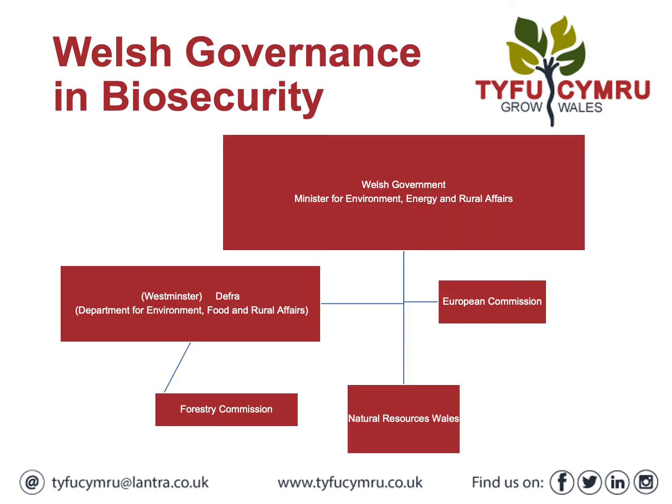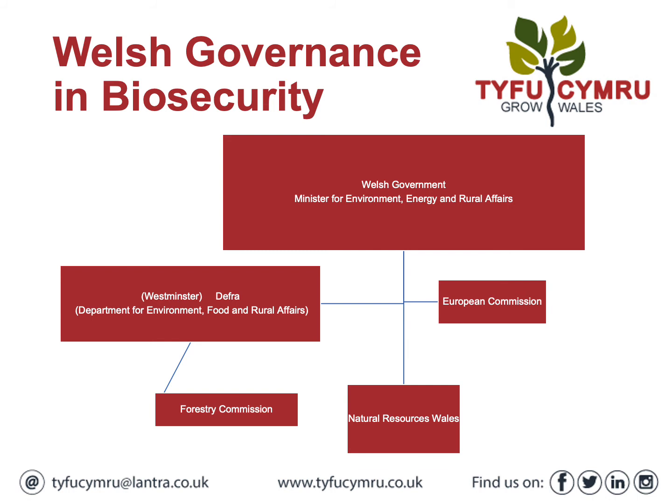The governance in Wales is in the Welsh Government. There's a Minister for Environment, Energy and Rural Affairs, and findings from DEFRA, Westminster, the Department for Environment, Food and Rural Affairs, and from the European Commission feed into advice and legislation for the Welsh Government.